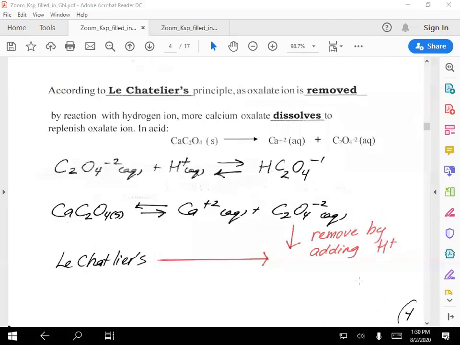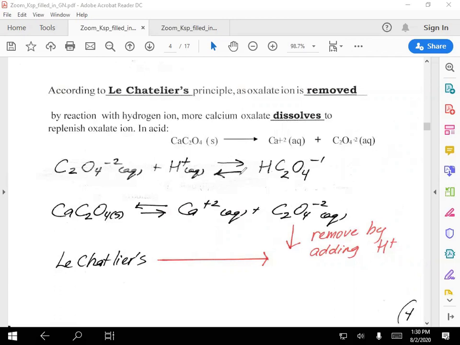So what this means is if you put calcium oxalate in acid, the acid would react with the oxalate ion and would make a weak acid.